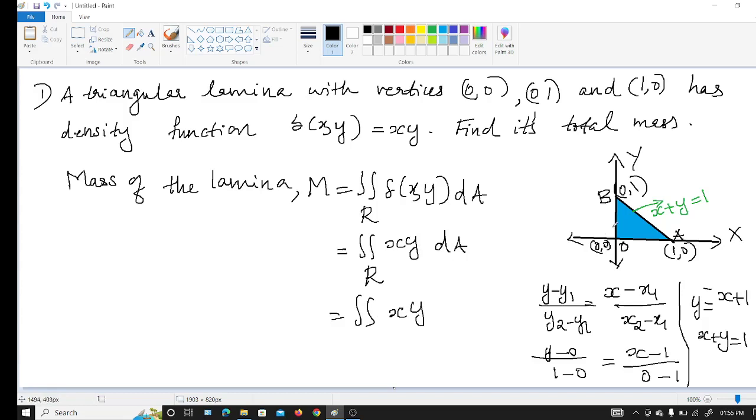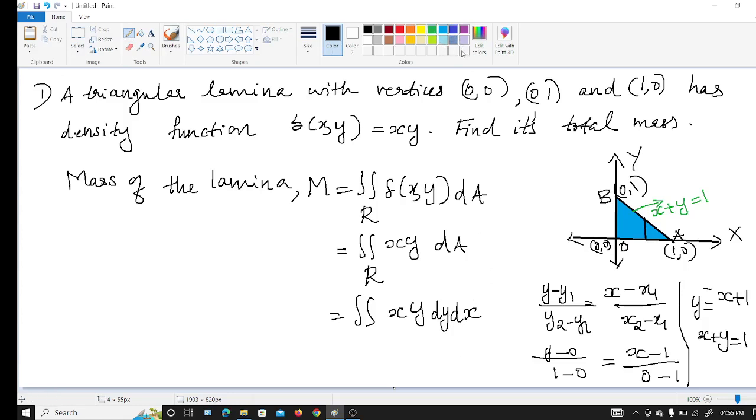Now you can consider this region as a type 1 or type 2 region. If you are writing dy dx, it is a type 1 region, and in that case you have to draw a vertical line for finding the limits of integration. At first we have to find the y limit of integration.